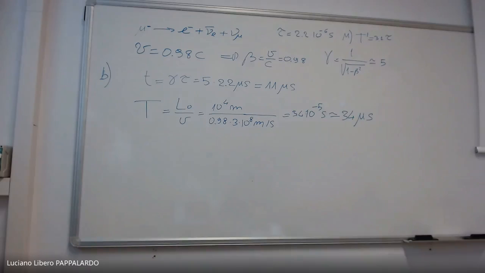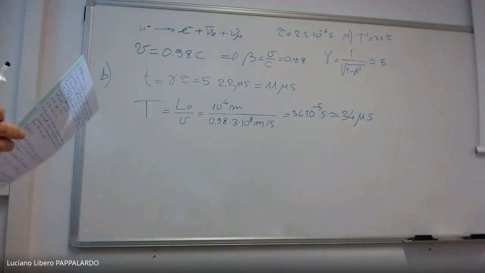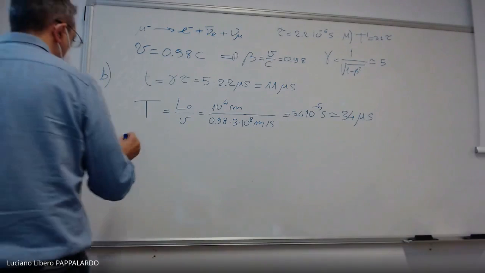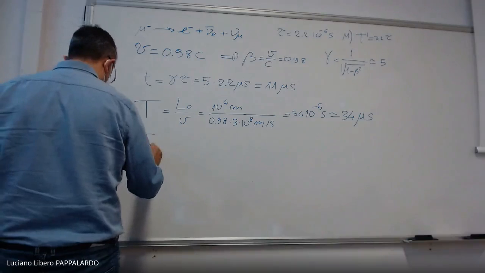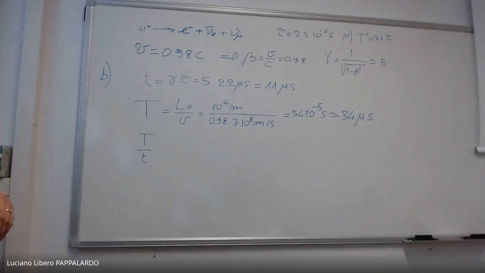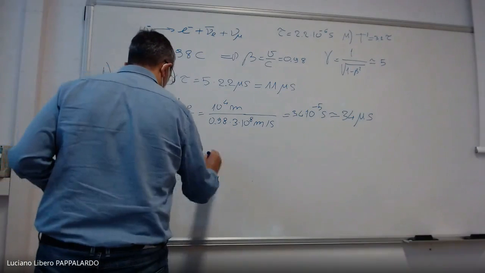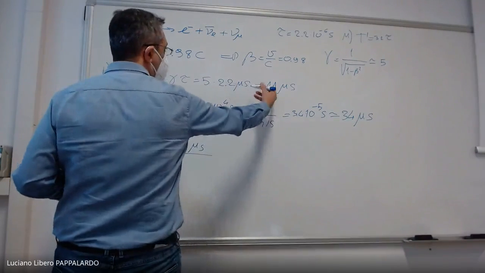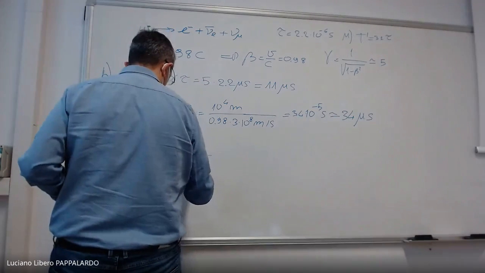So according to an observer which is at rest on Earth, it takes 34 microseconds for the muon to reach the surface. Let's now again calculate the ratio t over tau, so the time to reach the surface divided by the decay time as seen by the observer at Earth. And so we have here 34 microseconds divided by 11 microseconds.